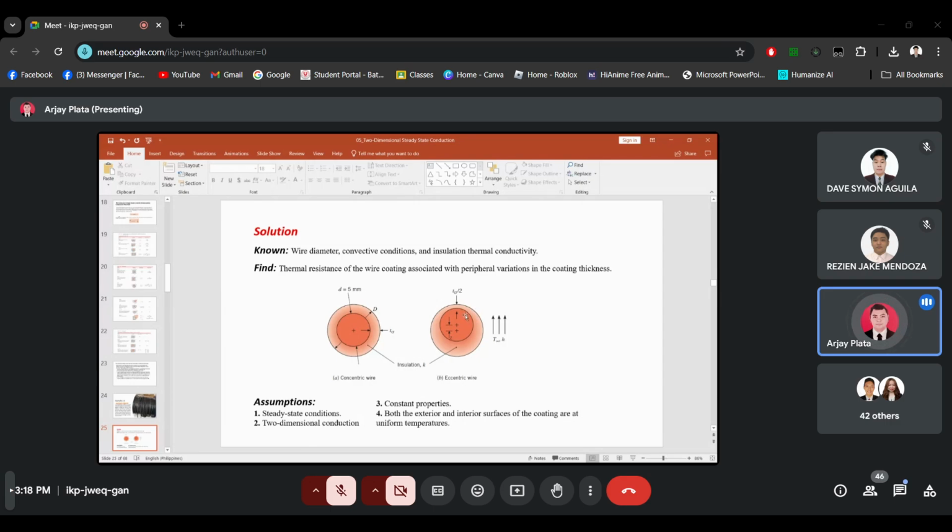Okay. Assumptions: steady state conditions, two-dimensional conduction, constant properties.